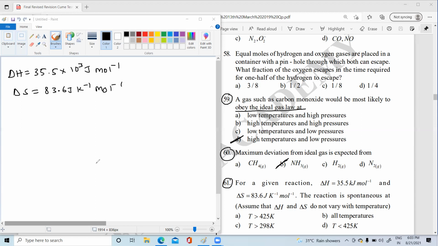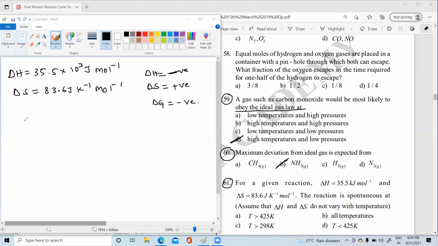The reaction is spontaneous, then the temperature does not vary, he is telling. When the reaction is spontaneous, students, del G should be negative. But here del H is given as positive, right? So temperature variation is taking place.